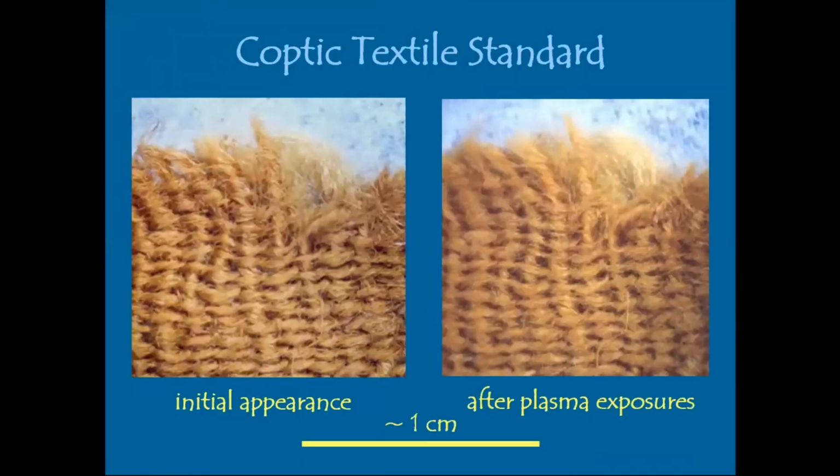This is a Coptic textile standard that we had, again illustrating the non-destructive nature of the process. We've taken enough samples for about 20 dates off here, and you still can't, within the limits of our photography, see any change in that sample.